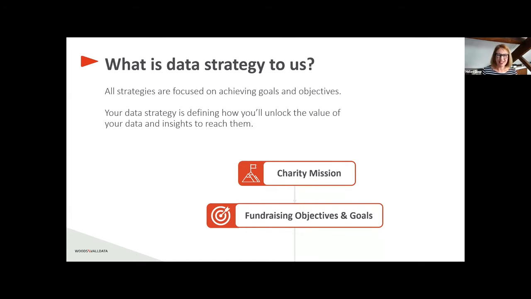And there you're starting to think more about income generation primarily. And that's really where, in my view, a data strategy fits. It may be wider than fundraising, but for the purpose of today, a data strategy within individual giving fundraising is about helping you use data to achieve the goals and objectives.